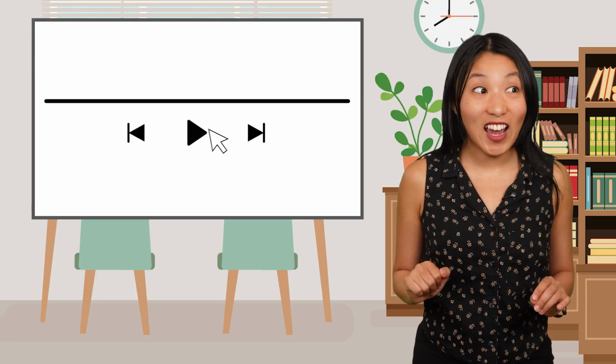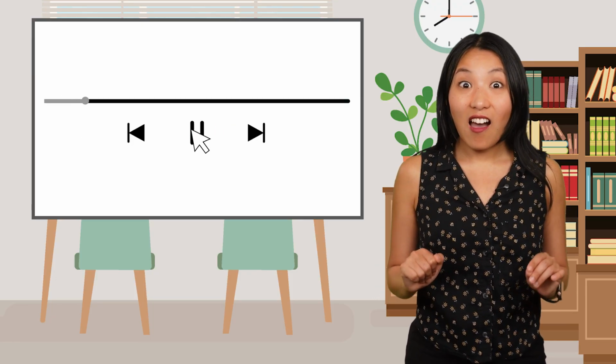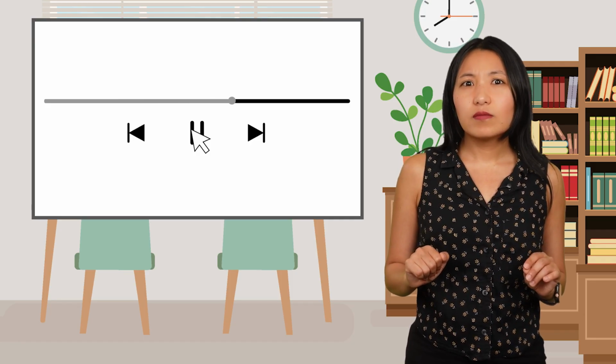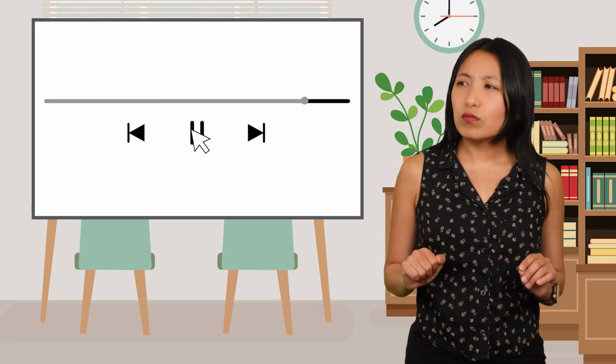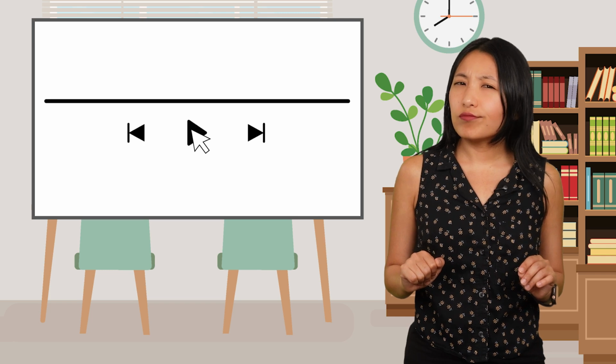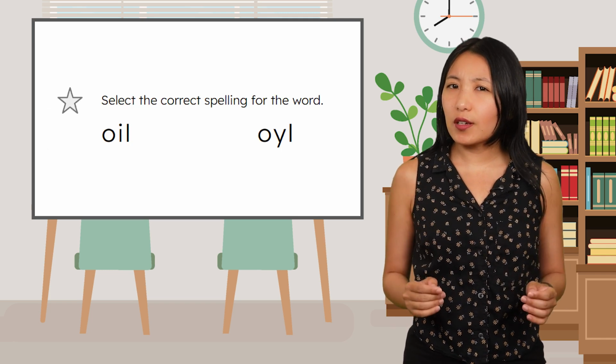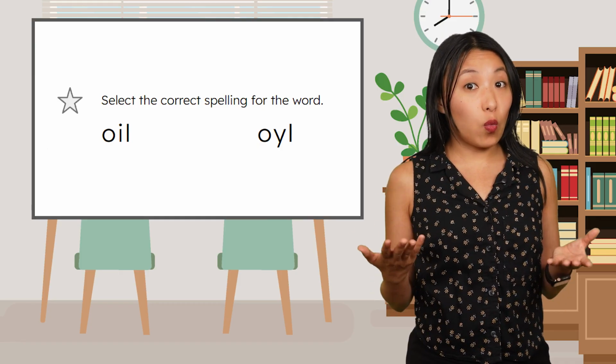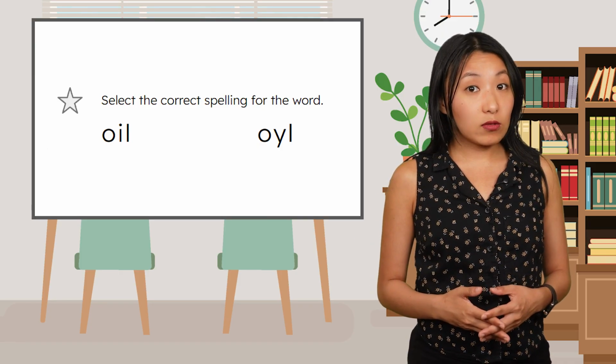Here's our last challenge. To complete the Sound Lab for oi, select the correct spelling for this word, oil. What do you think? Does oil use OI or OY to spell the OI sound?